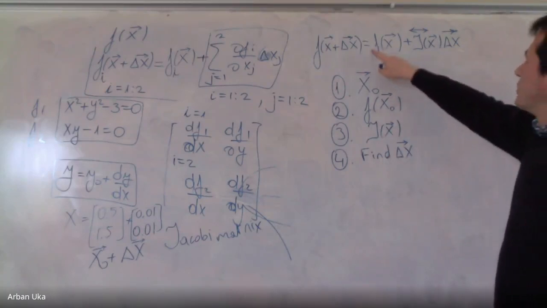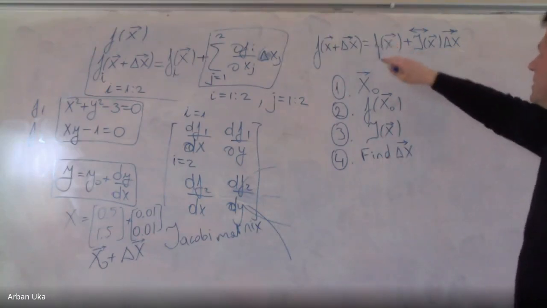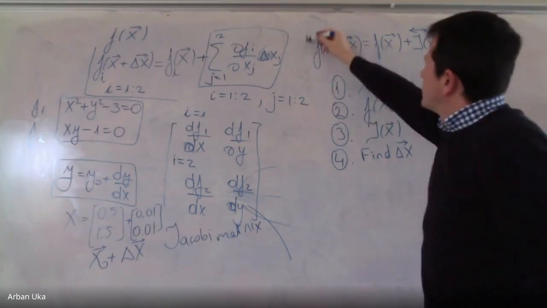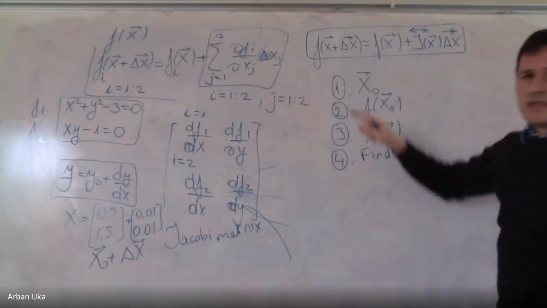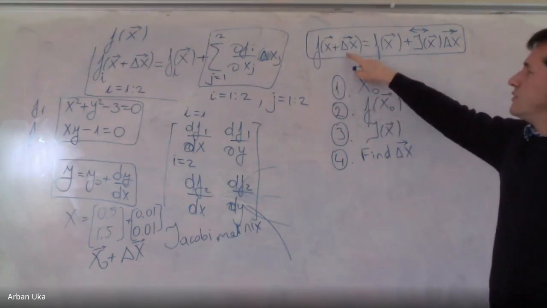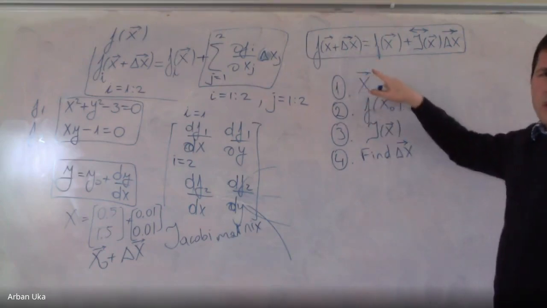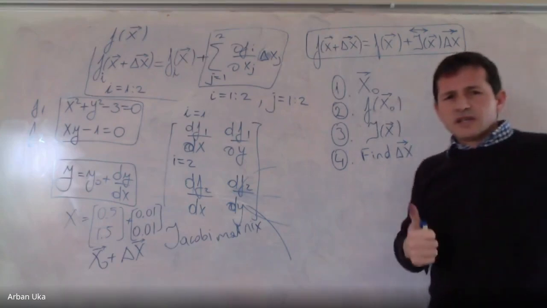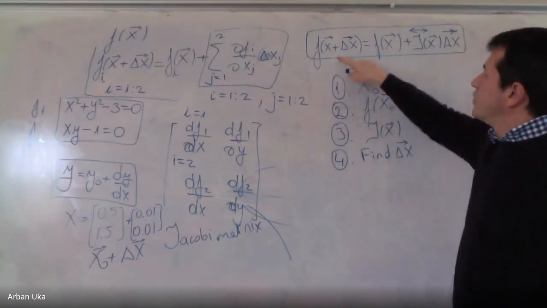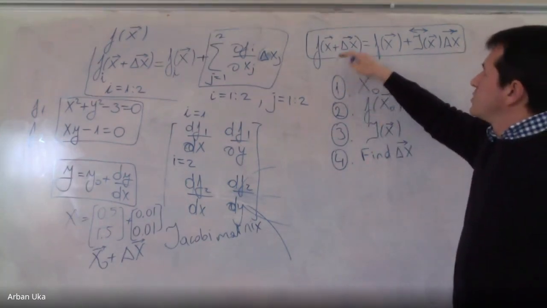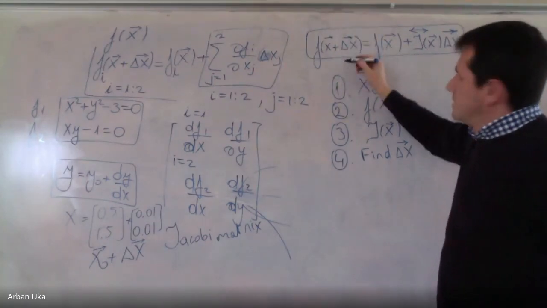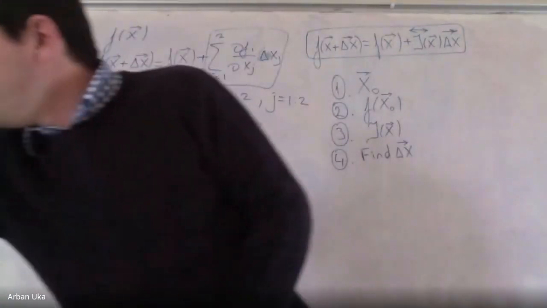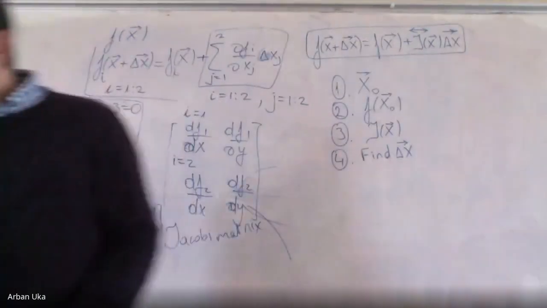Now, let's have a look for a moment at this equation. We need to look at this one carefully. Since we're trying to find the root of this function, let's assume that we are going to add a delta x, and this change in delta x will make this 0. So let's assume that this f(x plus delta x), this whole thing, let me use a different color.